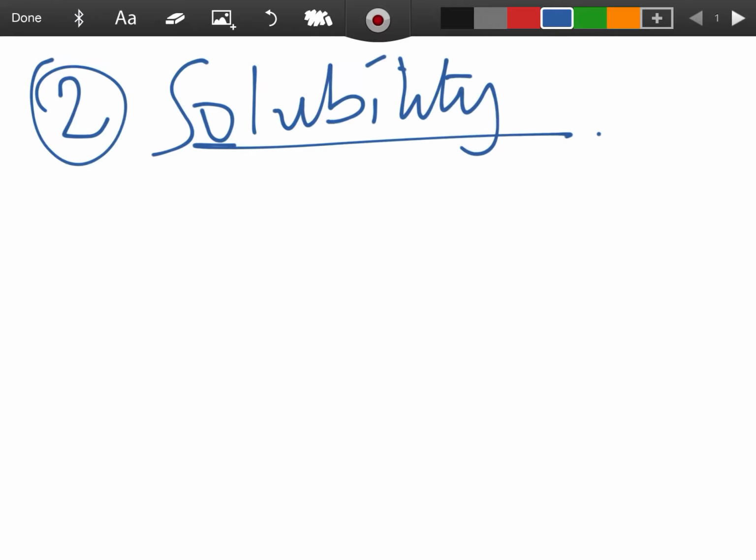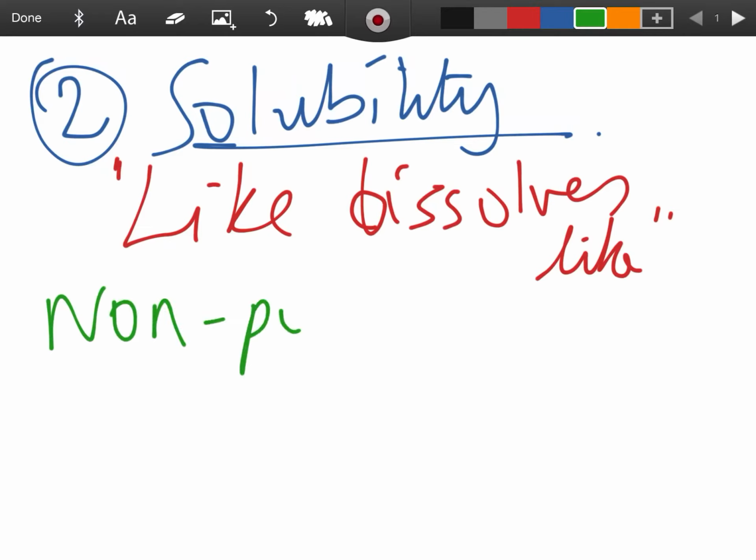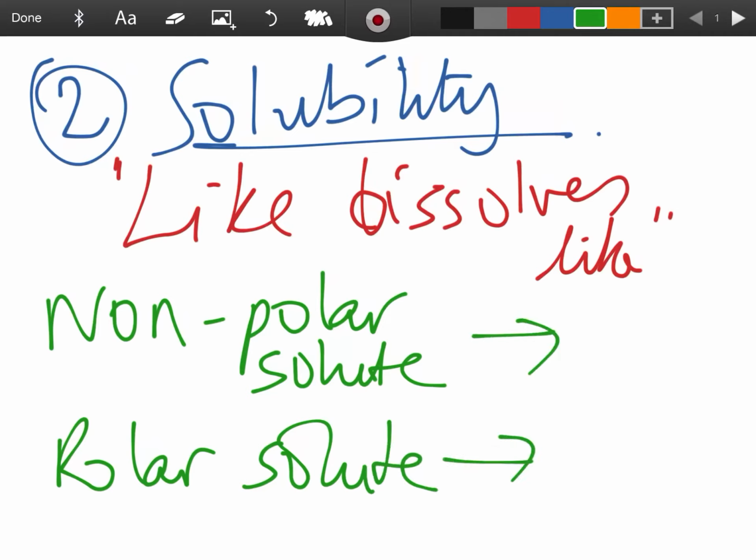Now, the other property that you need to talk about is solubility. Now, solubility from second year, you'll remember it means does a substance dissolve in a solvent or not. The substance is the solute, the solvent is the water. Now, we're going to use a sentence like dissolves like to help us, okay? So you just need to focus on the exam questions and say to yourself, is this a non-polar substance or solute, or is it a polar substance or solute, okay?